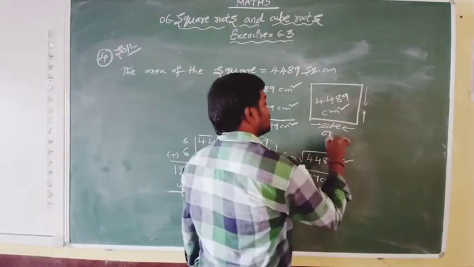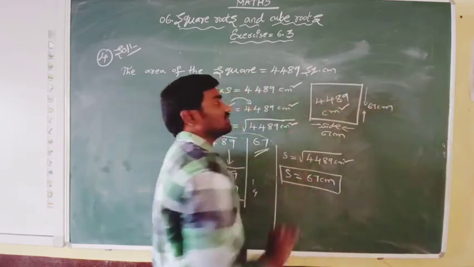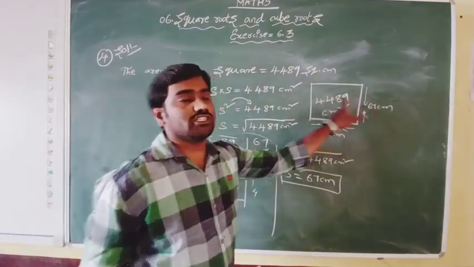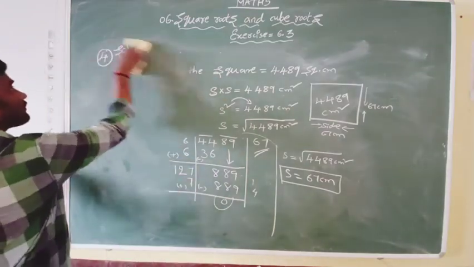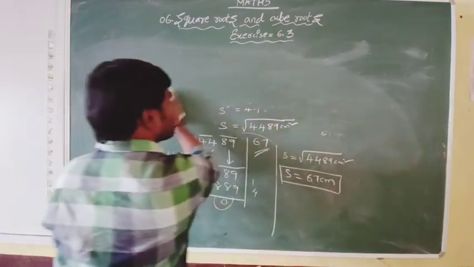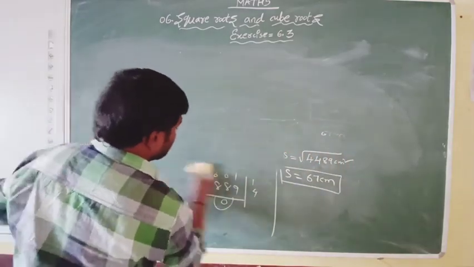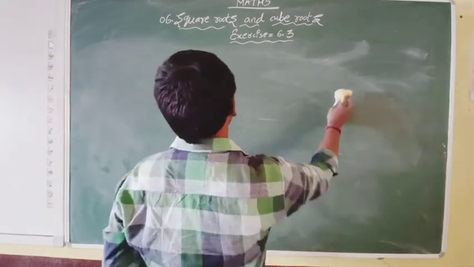So all the sides are 67 centimeter. 67 into 67 is 4489. Yes, then we go for some more problems in this exercise.